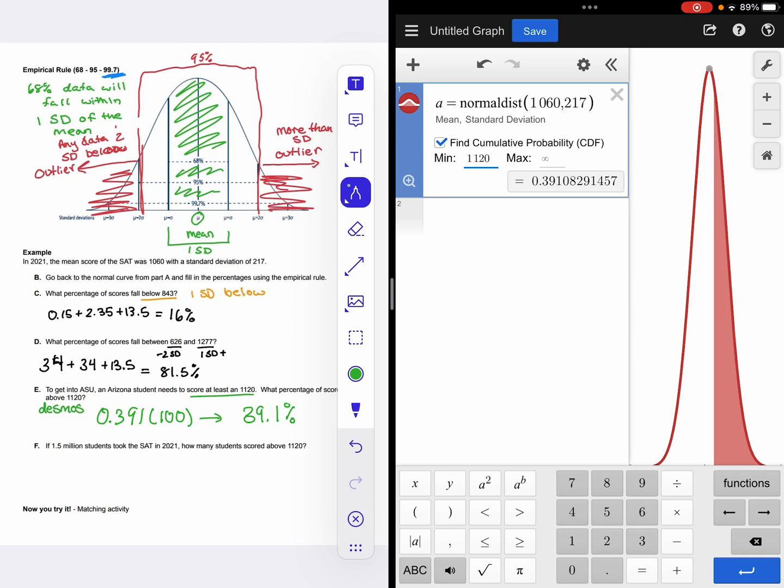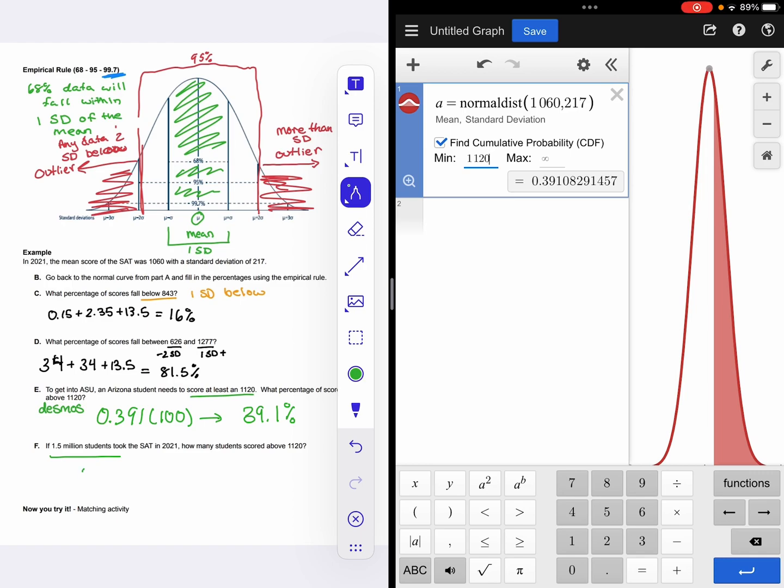Now, what do I do with these percents? That's not actually telling me how many students scored that amount. It's telling me the likelihood, about that many would probably score above. However, we can keep going a little further with this. If we know that 1.5 million students took the SAT, then how many got that score? Well, this is just a percent of a total question now.